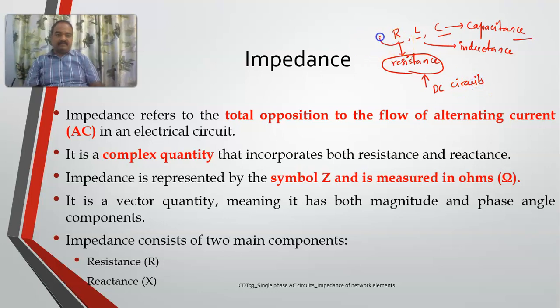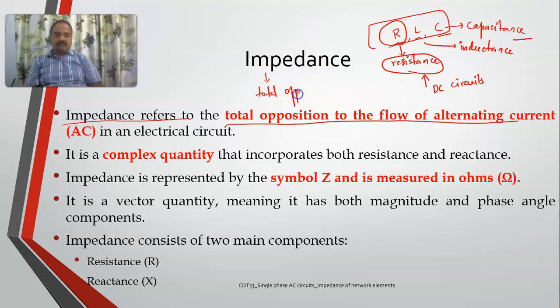And we defined resistance as the opposition to the flow of current. Whereas in AC circuits also, we will have opposition from these network elements to the flow of currents. And the opposition to the flow of AC currents is called impedance. So impedance is normally defined as the total opposition to the flow of alternating currents in an electric circuit.